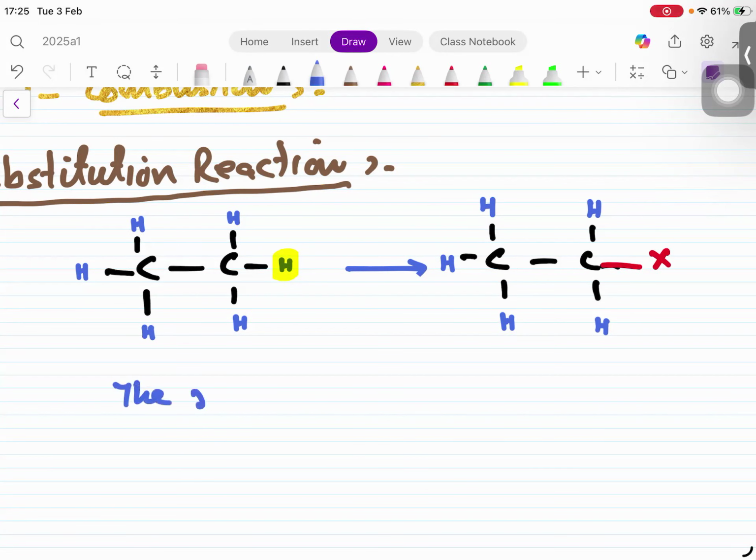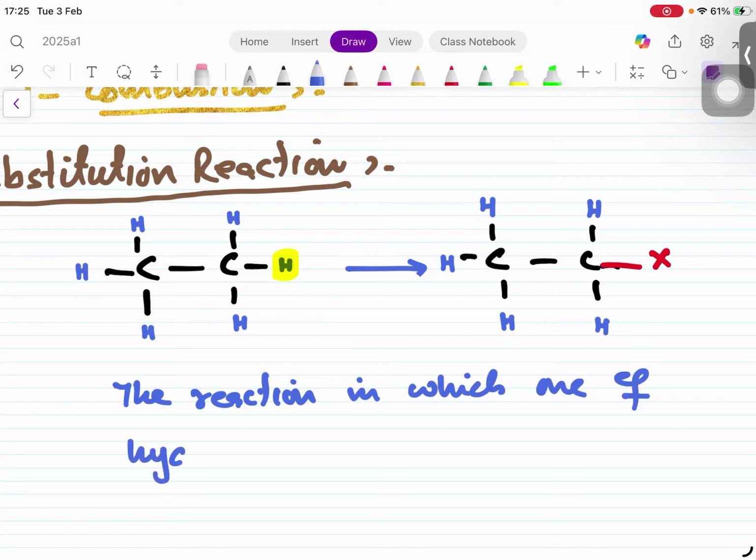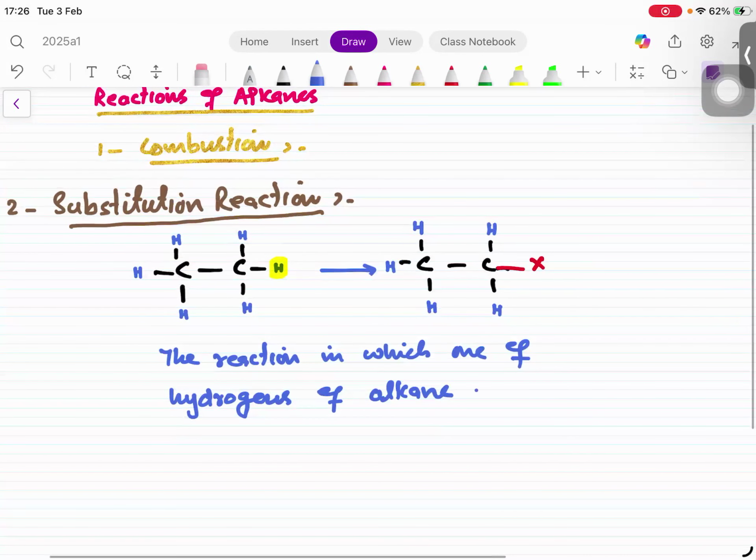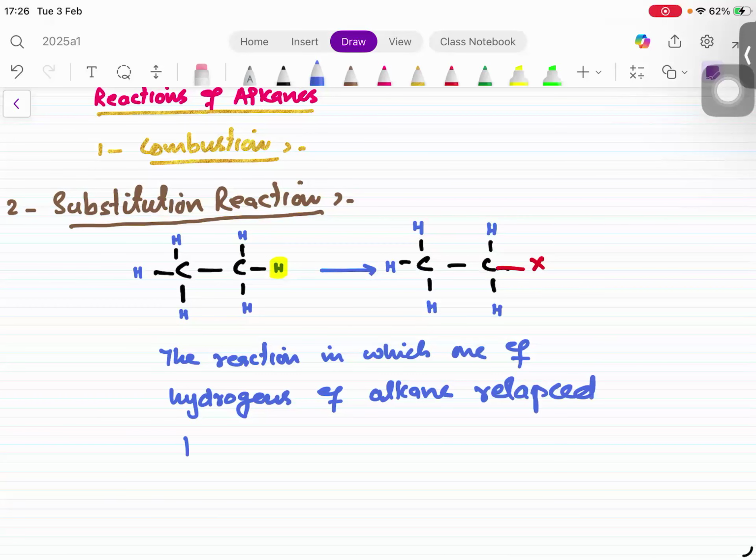The reaction in which one of the hydrogens of alkane is replaced is known as substitution reaction.